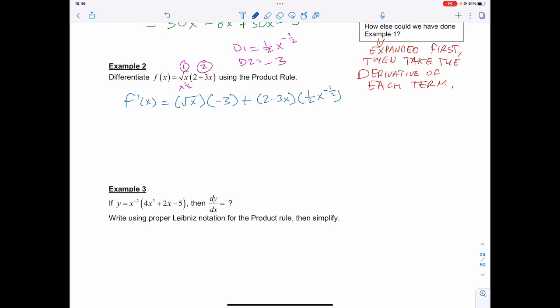Now, if you wanted to, you could have said that factor 1 here is also x to the 1/2, because we know that that's what it represents. That's perfectly fine as well.